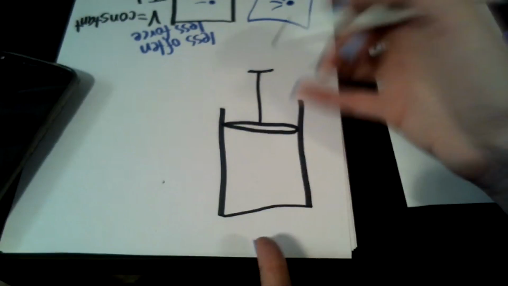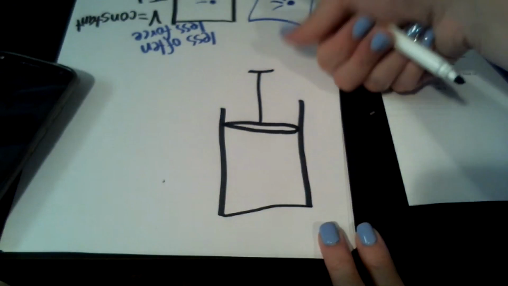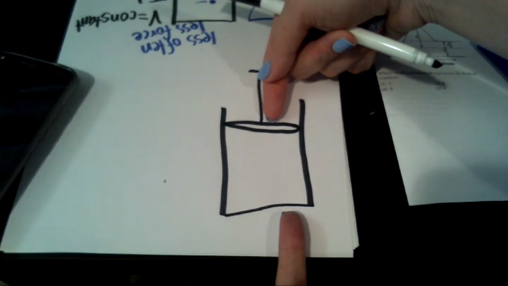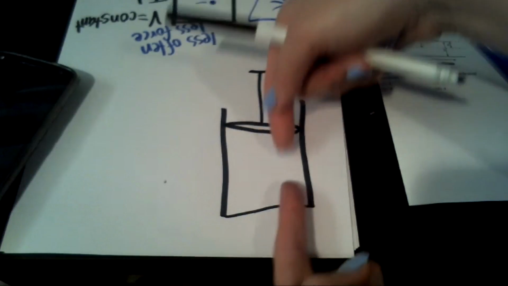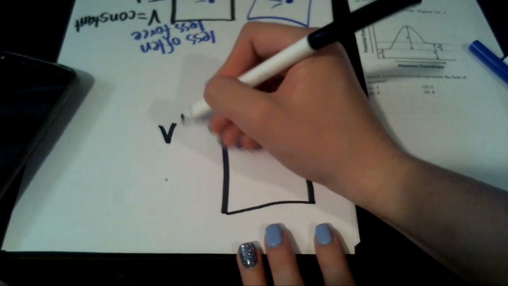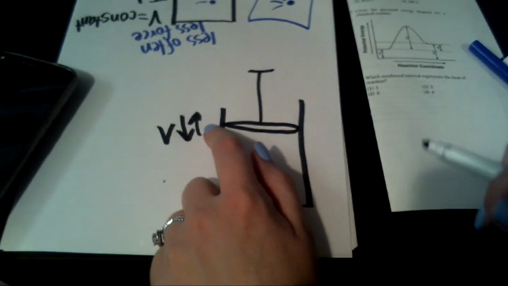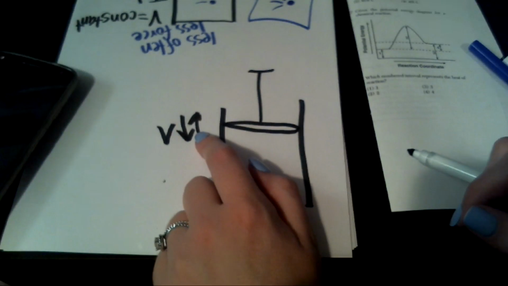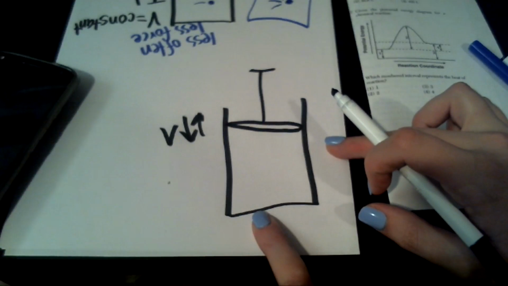We're going to have this rubber piece in here, and a plunger where, if this were a vaccine or a shot, the nurse would put their thumb here, squeeze, and this is going to shrink. So your volume could shrink, but it could also go up. Your volume can change.